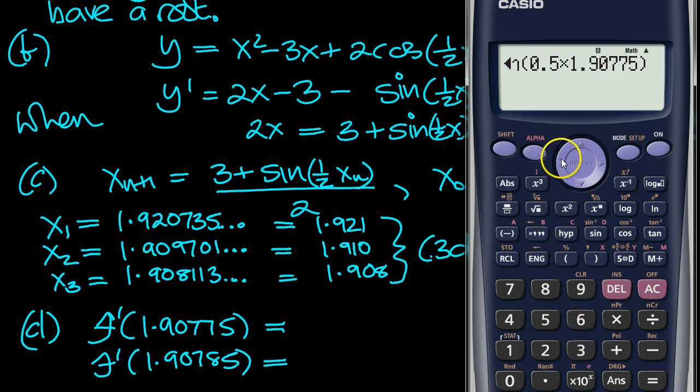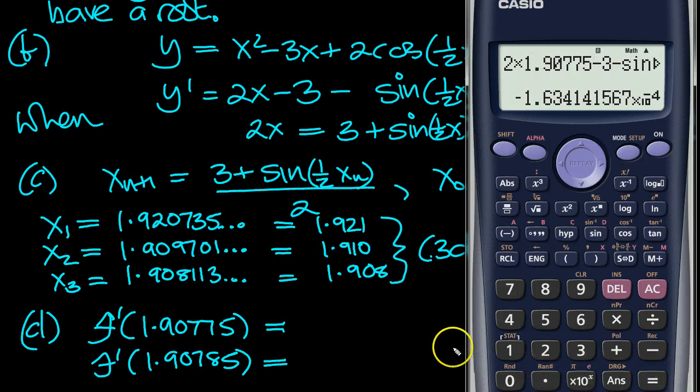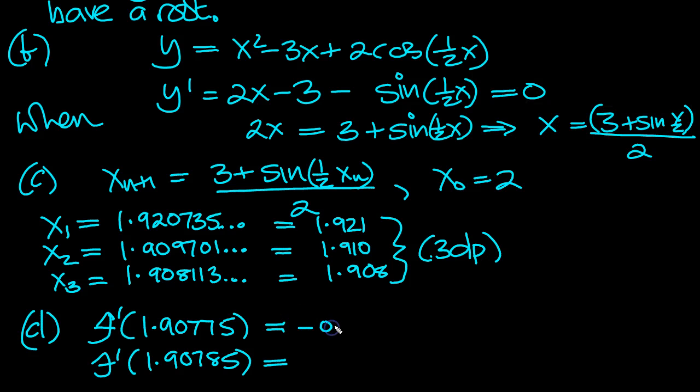Let's just see what we've got. 2 times the value, minus 3, minus sine of half the value, equals minus 1.6 times 10 to the minus 4, which is minus 0.00016, which is negative.